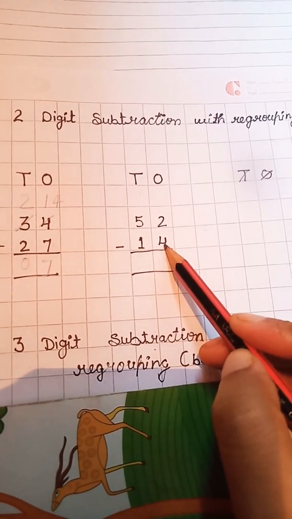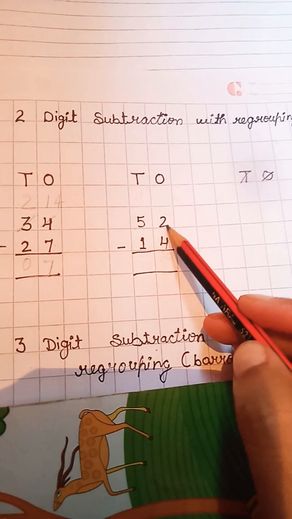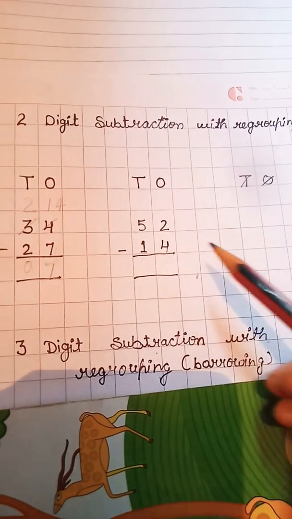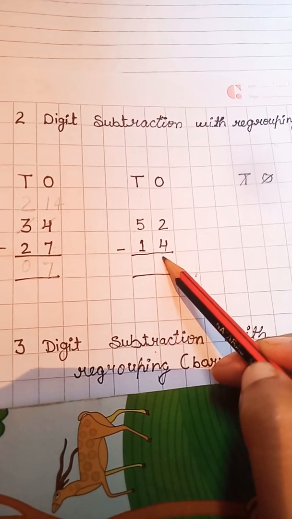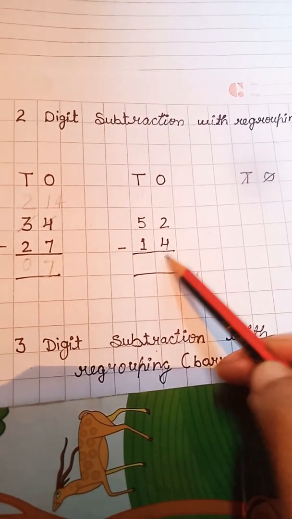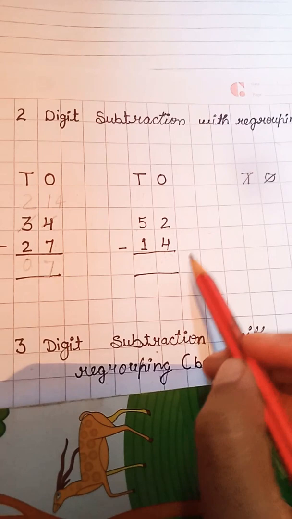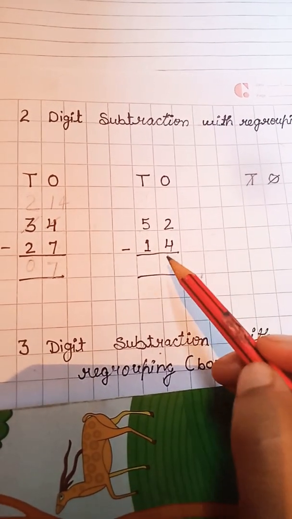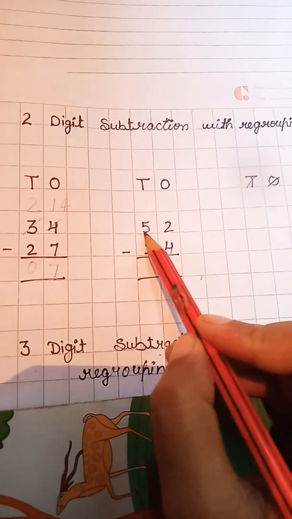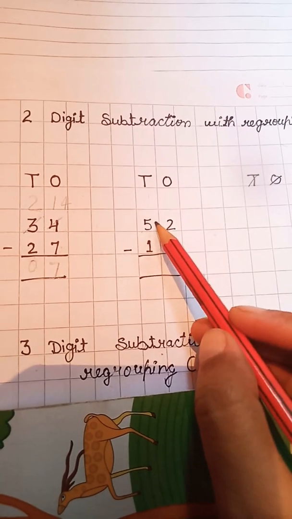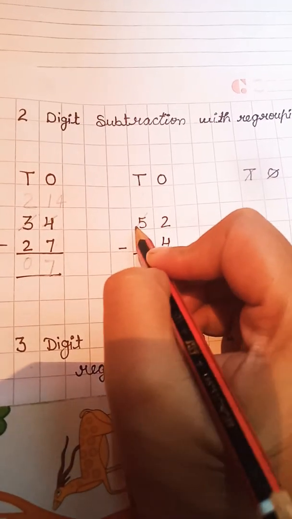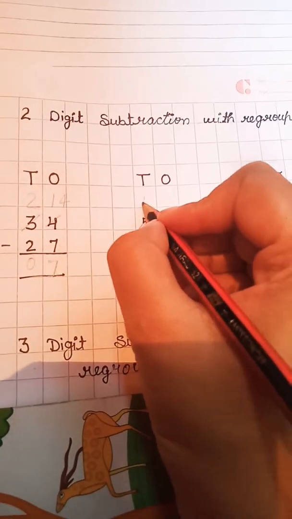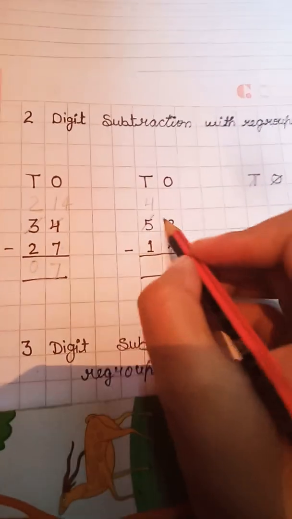4 ones minus from 2 ones. 2 minus 4, we cannot subtract. So, we'll borrow 1 ten from the tens column. 5 tens minus 1 ten is equal to 4 tens.